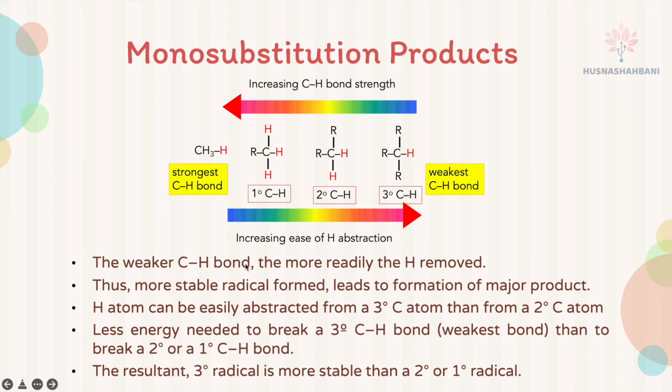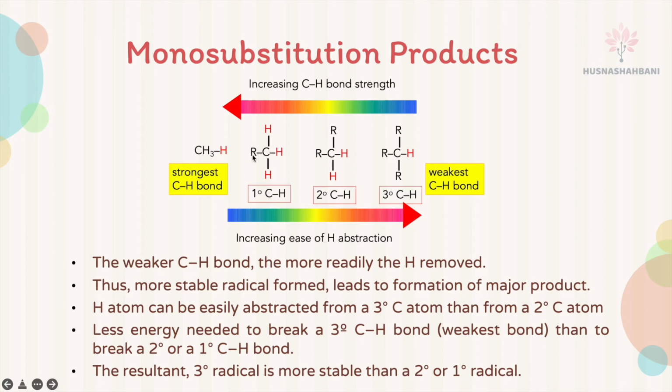The weaker the carbon-hydrogen bond, the more readily the hydrogen is removed. In methane, the carbon attached to 4 hydrogens has the strongest carbon-hydrogen bond.